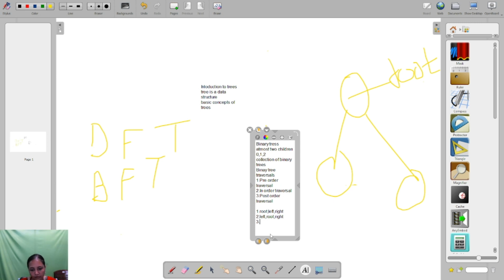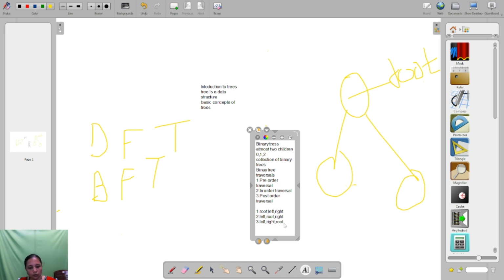Post means after, so the root node comes last: left, right, root. So preorder is root, left, right. Inorder is left, root, right. Postorder is left, right, root. This rule is very important.